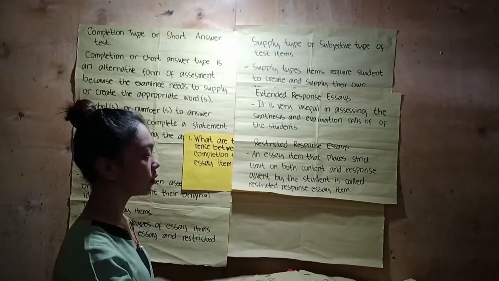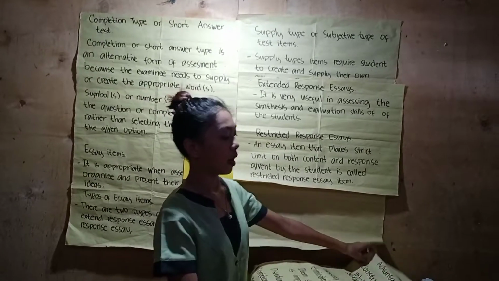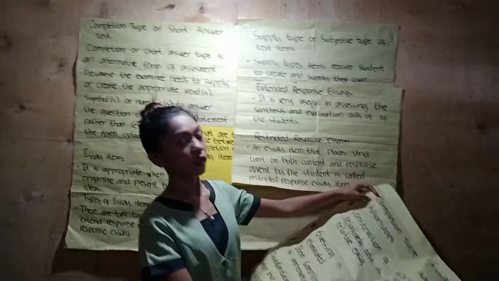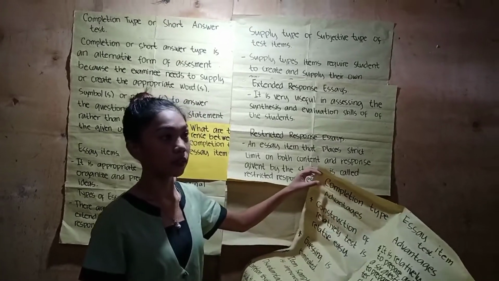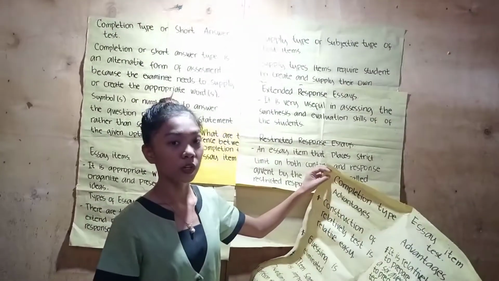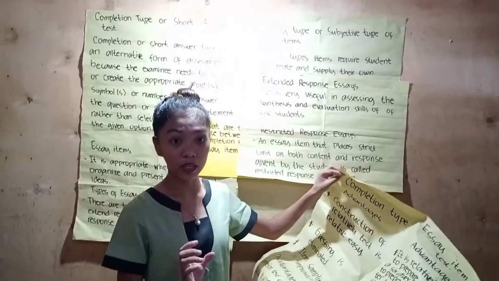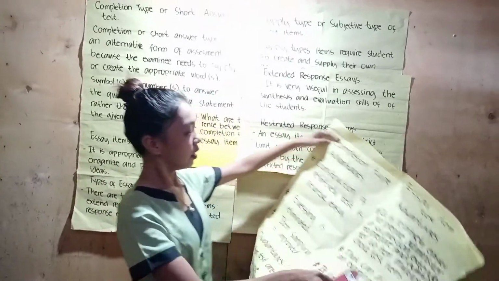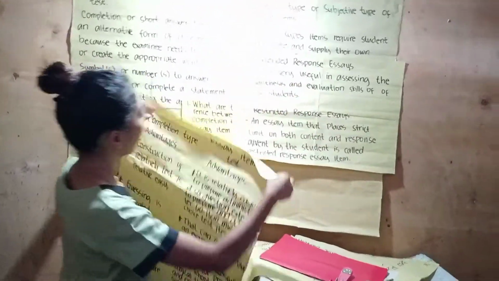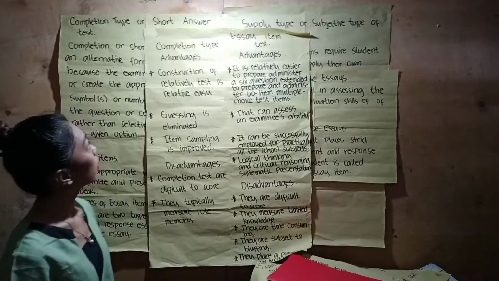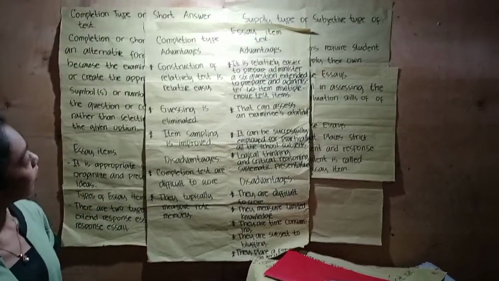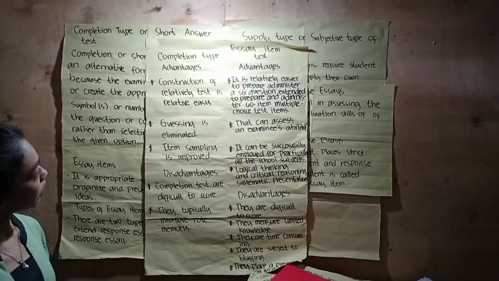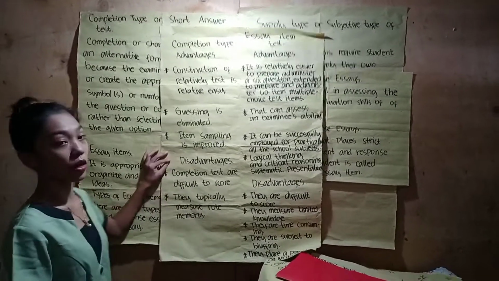Next, we have the advantages and disadvantages of the completion type and essay item types. Completion type advantages: construction of the test is relatively easy compared to essay.